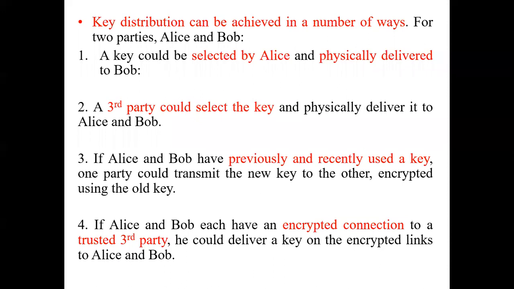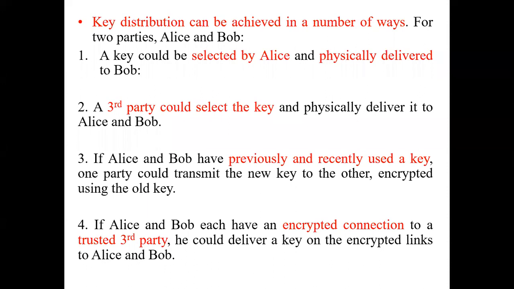Number 1, let us take an example, Alice and Bob. We need to share the key between these two people, these two persons, or these two systems. See, one option is the key is selected by Alice and delivered to Bob.